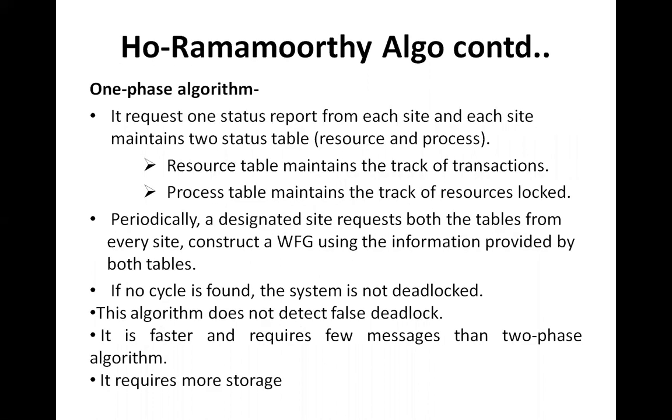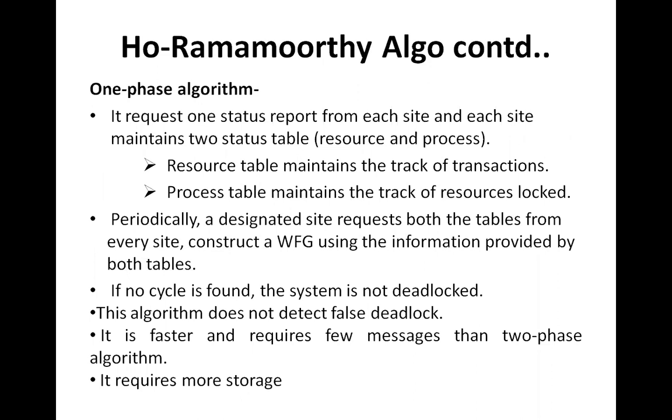So they came up with the idea of another algorithm, the one-phase algorithm. This one-phase algorithm requires only one status report from each site. Each site maintains two status tables, as told earlier: first the resource status table, and second the process status table.